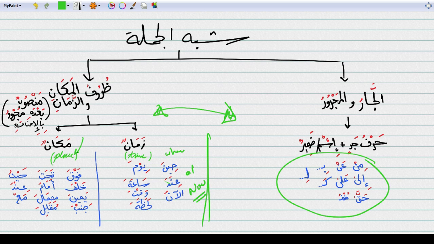While if I'm going to talk about places, the word, for example, above, فوق, the word تحت, the word at, when you're talking about at a location, at the door, for example, the word with, okay, or most of them are, actually, I think most of them are prepositions in English, but maybe not all of them.